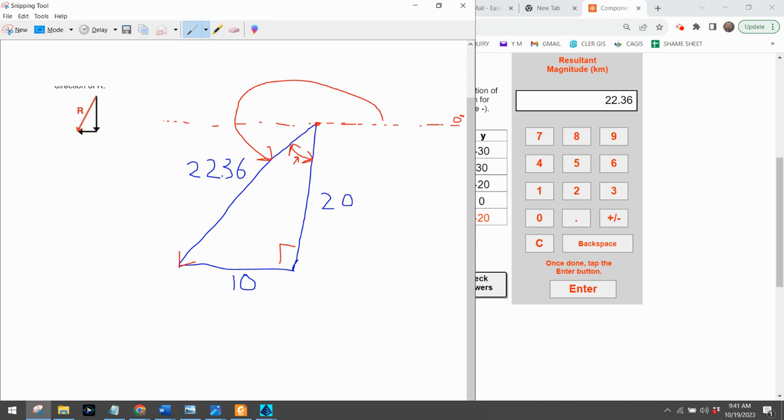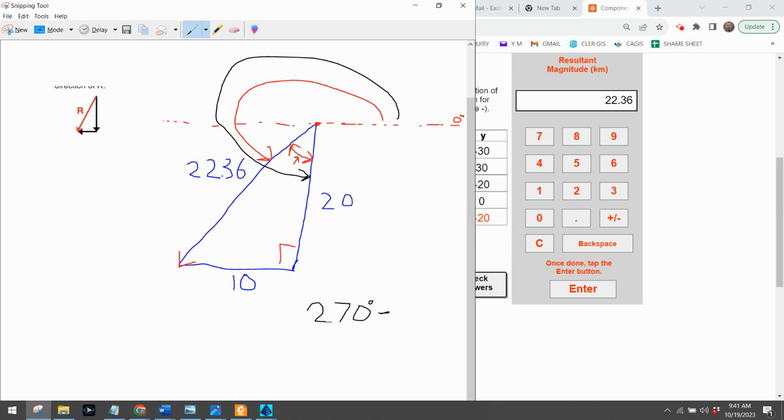And then since we would know that the total, all the way around here, would be 270 degrees, you would just take 270 degrees minus whatever you solve that angle to be.